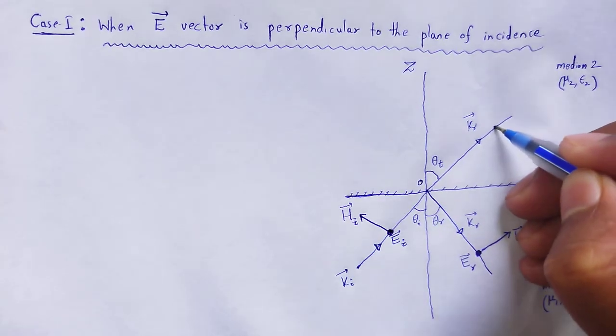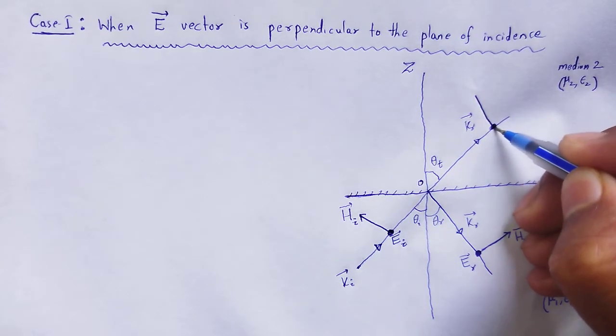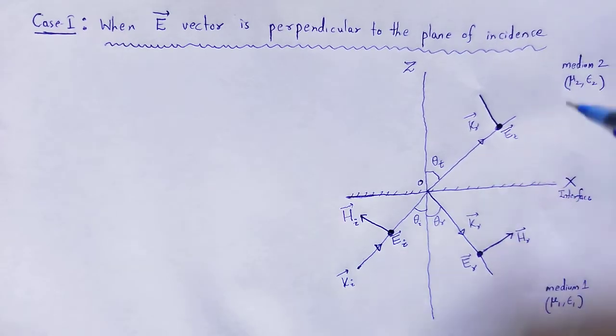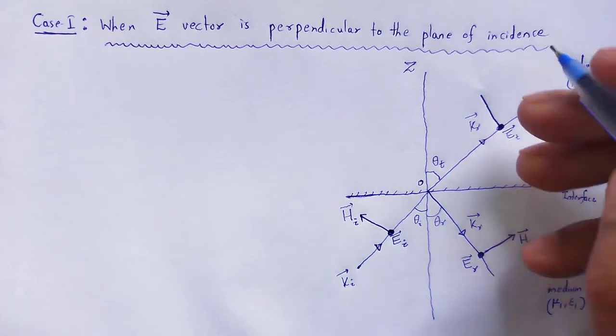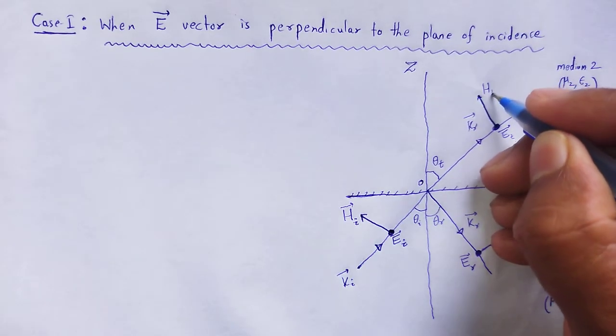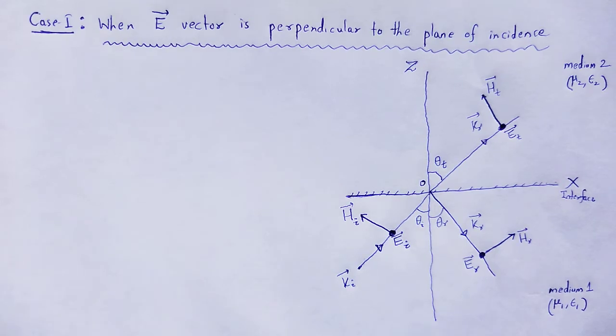Again, the transmitted wave is ET, which is perpendicular to the plane of incidence. This one is HT. First we relate what is the relation between the E vector and the H vector.